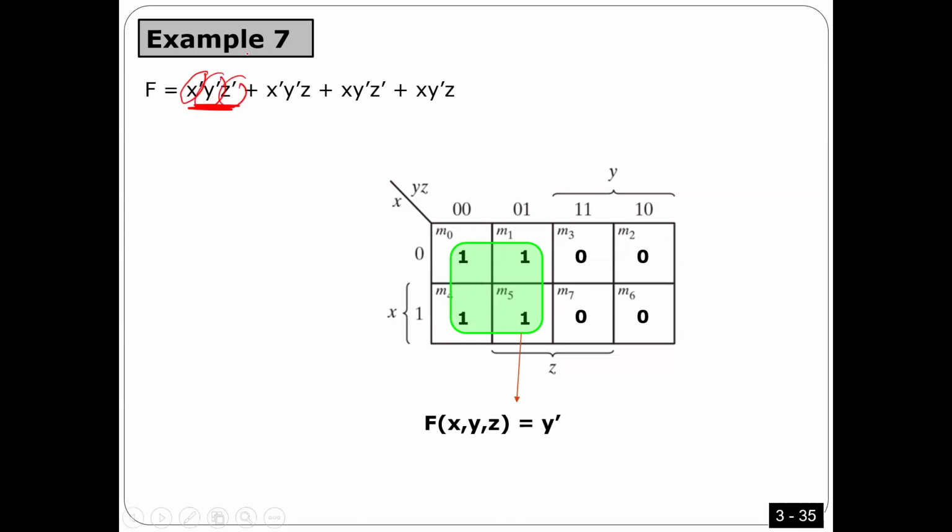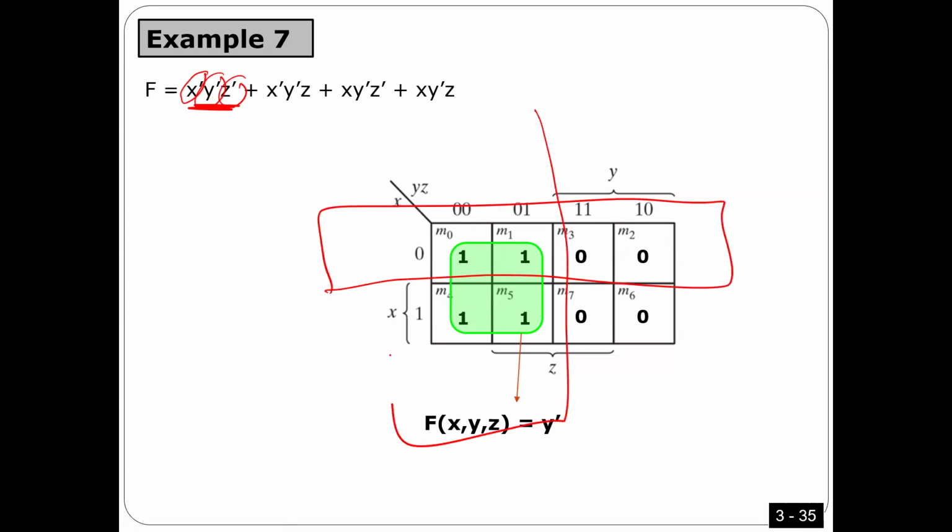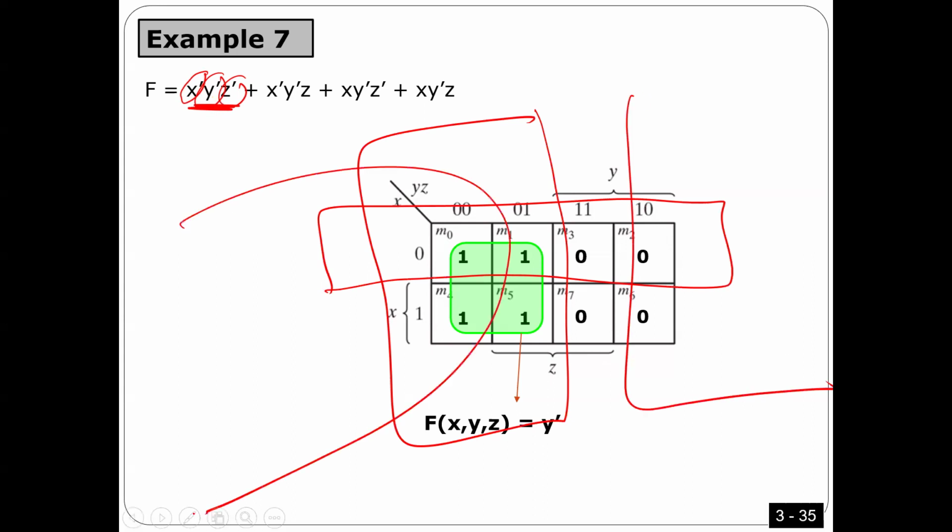Here this is x prime, this is y prime, and z prime is this one and this one. If you look at the intersection of all of them, you will find only this term. It has to be only one square because it has three variables. This is one way to convert this function into a map.